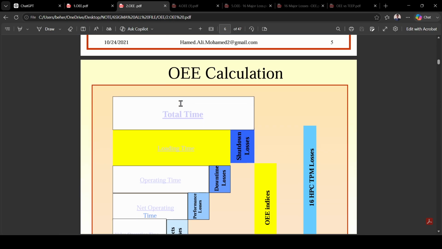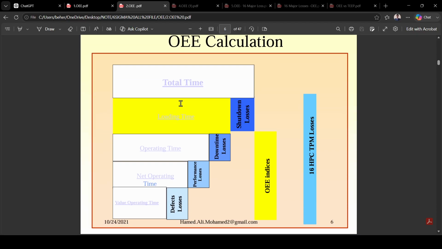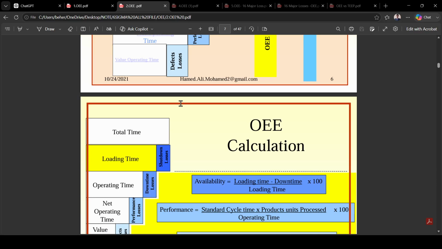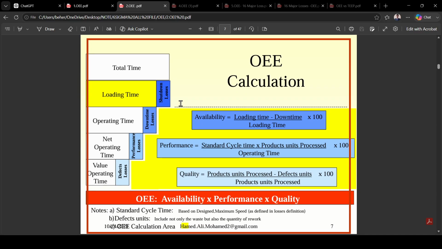Then OEE calculation. So this is the OEE calculation scenario. You can see that image. We have to calculate the OEE. So see that image, you can understand how to calculate the total time, loading time, operating time, net operating time, value operating time, and how to calculate availability, performance, and quality.